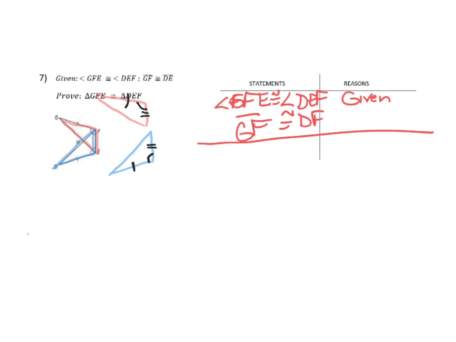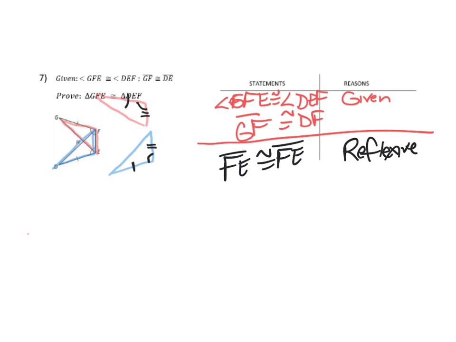So I'm going to put FE congruent to FE, and our reason: whenever they share a side, you've got the same thing on both sides. That's the reflexive property. And that's your third congruence.